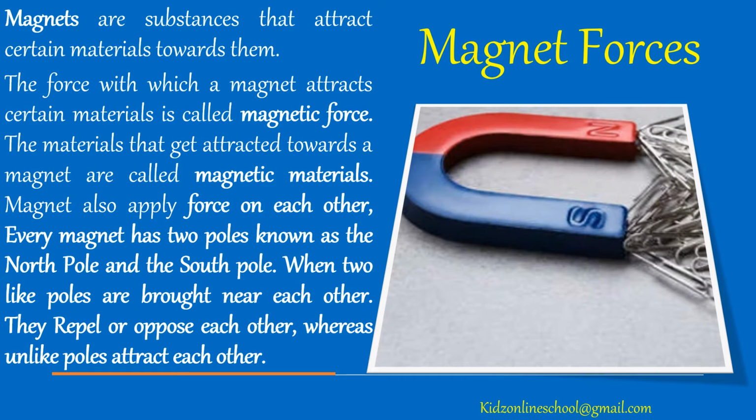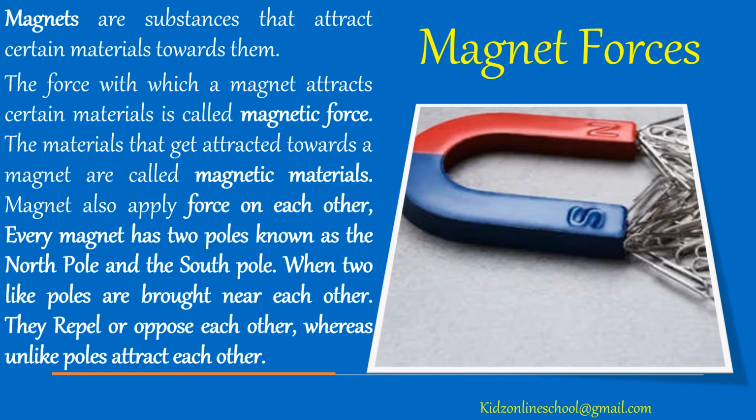About magnet forces. Magnets are substances that attract certain materials towards them. The force with which a magnet attracts certain materials is called magnetic force. The materials that get attracted towards a magnet are called magnetic materials.